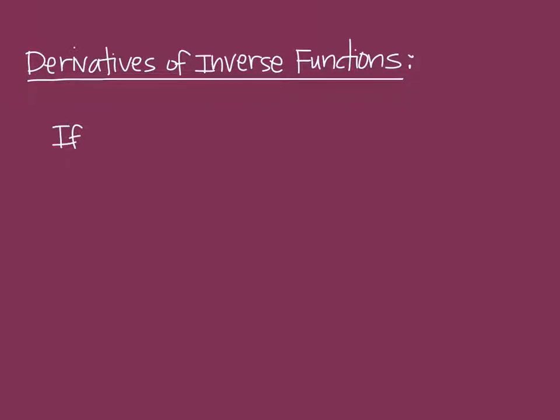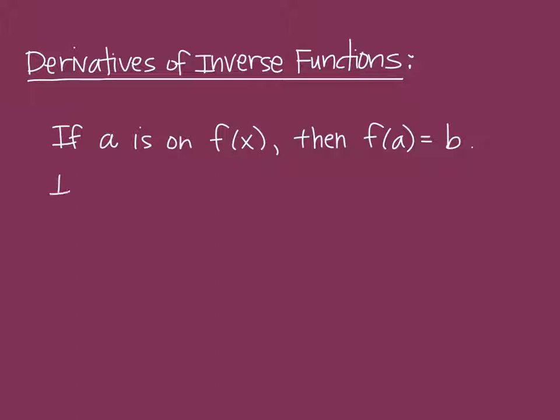Let's say if a is on the function f of x, then let's assign its y value. So f of a would be defined as b. Okay, so a is the x value, b is the y value. Then by definition of an inverse, the inverse point is on the inverse function.